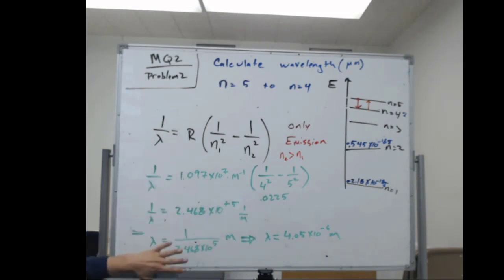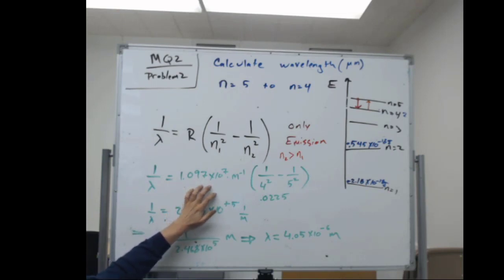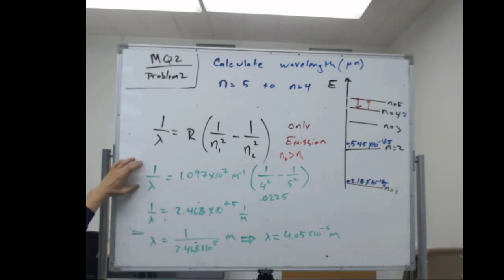Right? Mathematically and conceptually, this works out to be the same thing. The difference in the Rydberg constant has to do with the definition of the energy of a photon. The 1 over wavelength also comes from the energy of a photon, hc over lambda.